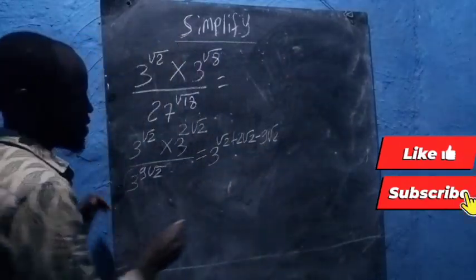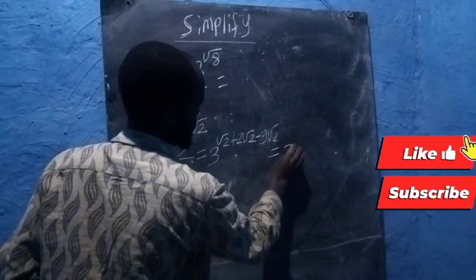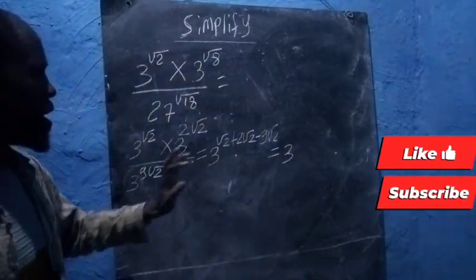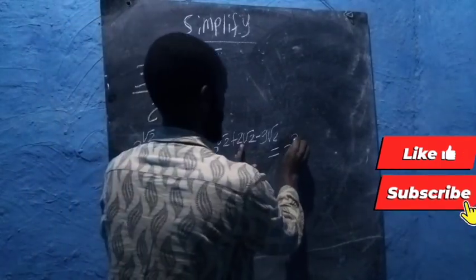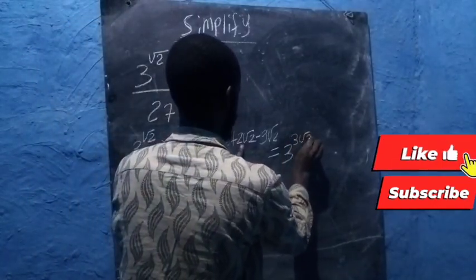Look at here. So this is equal to 3 to the power of radical 2 plus 2 radical 2, which is 3 radical 2, minus 9 radical 2.